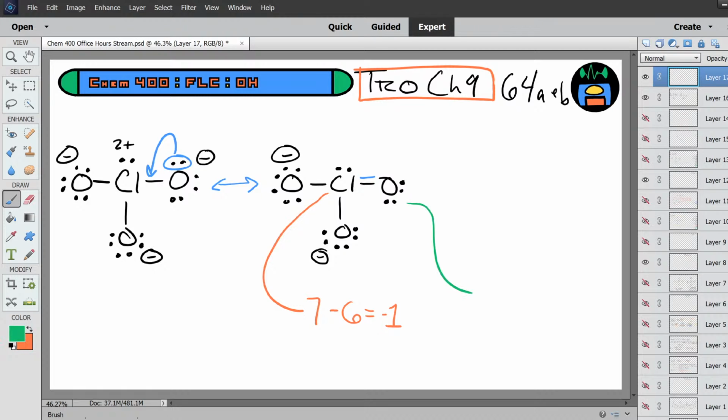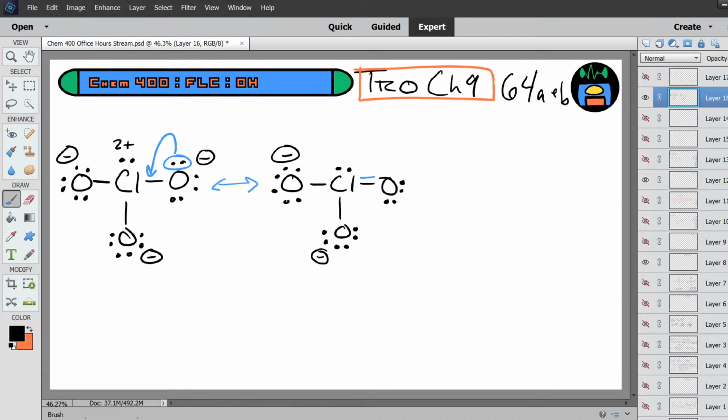Then when you look at oxygen, when it's neutral, it has 6. In this structure, it has 4 electrons in lone pairs, plus 2 bonds. 6 minus 6 is 0. So chlorine still has a formal charge of +1. All right, and you'll notice we've decreased our formal charges, right?